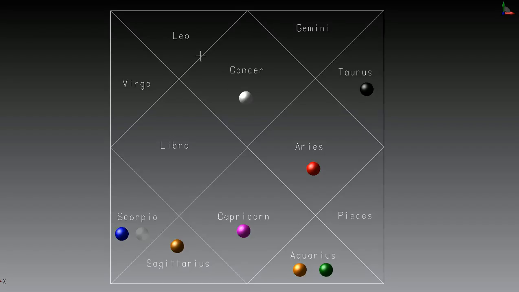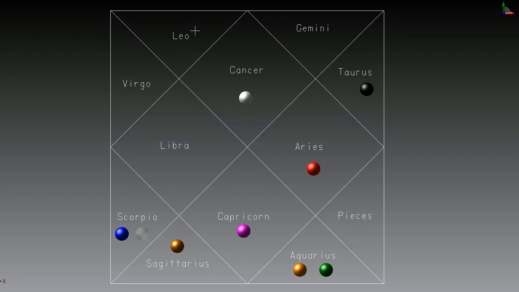So all these planets will be placed in the same zodiac Rashis, but the representation is a little different. So this is 1, 2, 3, 4, 5, 6, 7, 8, 9, 10, 11, and 12. There would always be 12 signs.